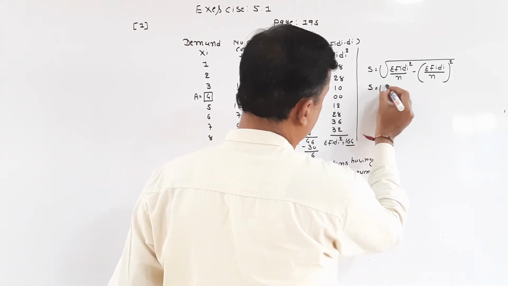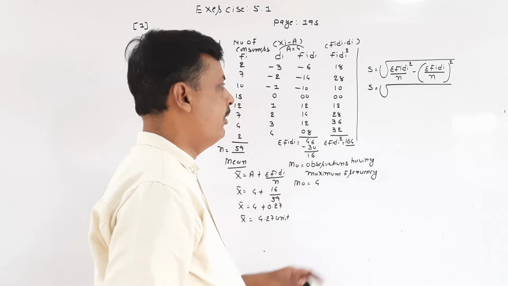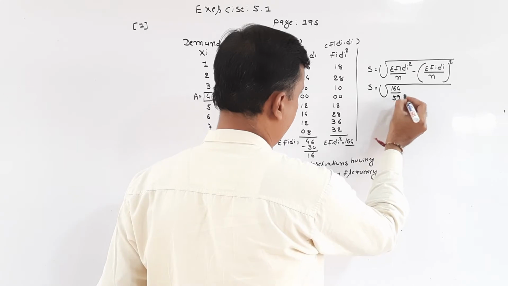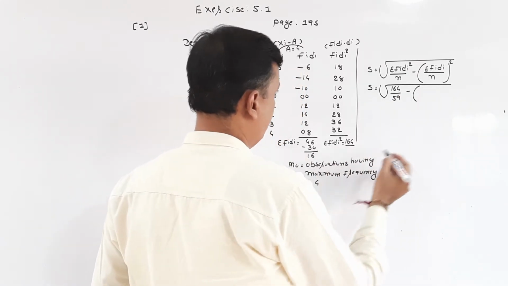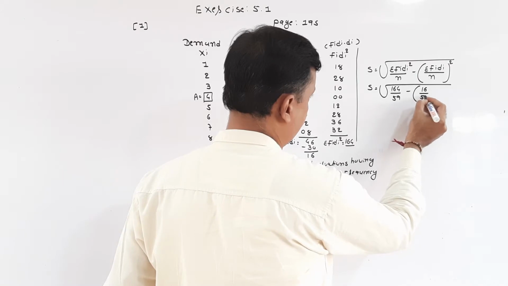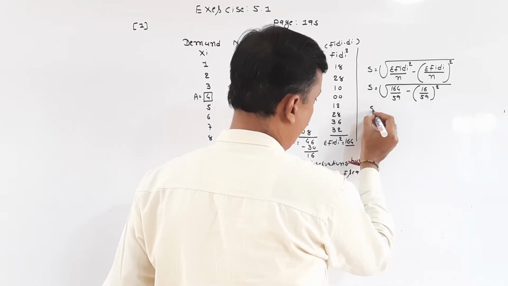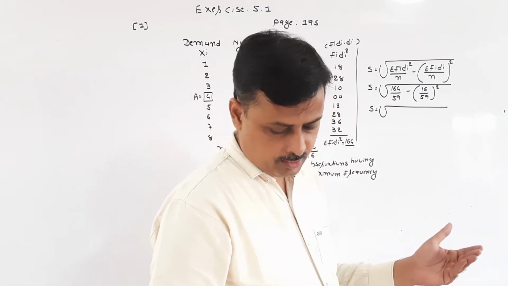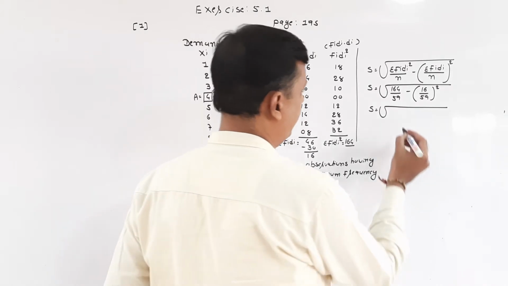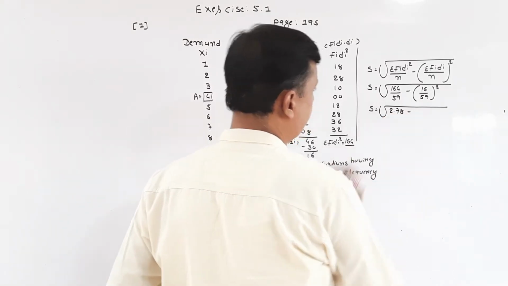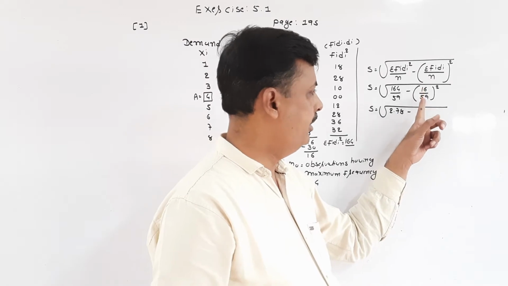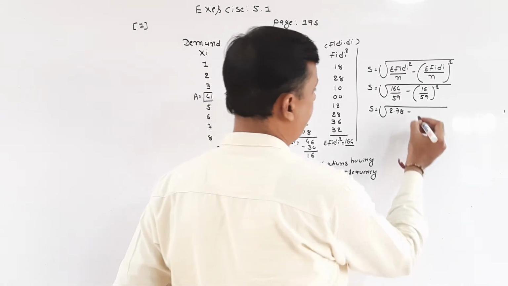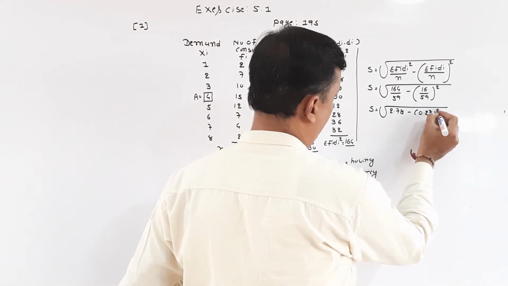So fi di square is 164, value of N is 59, sigma fi di is 16 upon 59 whole square. 164 divided by 59 is 2.78. Now 16 upon 59 is 0.27 whole square.